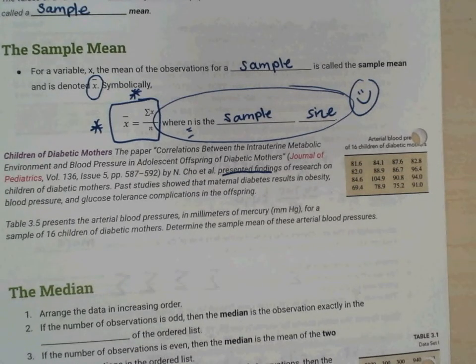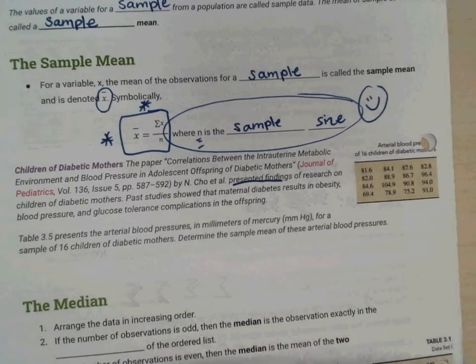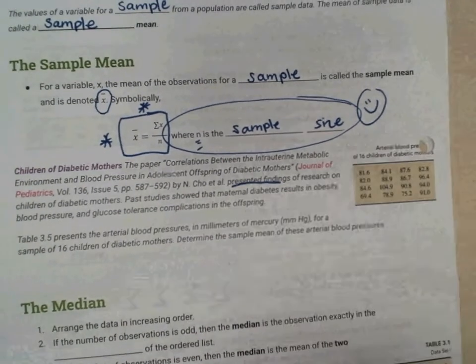Past studies show that maternal diabetes results in obesity, blood pressure, and glucose tolerance complications in the offspring. Continuing. Table 3.5 presents the arterial blood pressures in millimeters of mercury, mmHg, for a sample of 16 children of diabetic mothers. Determine the sample mean of these arterial blood pressures.